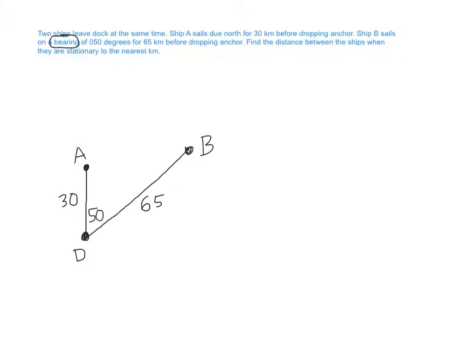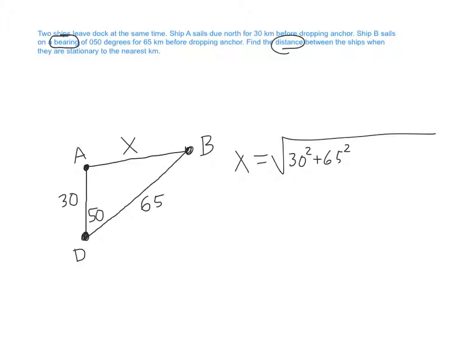We want to find the distance between the ships when they're stationary. They've both anchored. We actually already found this distance x under the cosine rule: x is equal to the square root of 30 squared plus 65 squared minus 2 times 30 times 65 times the cosine of our angle 50.